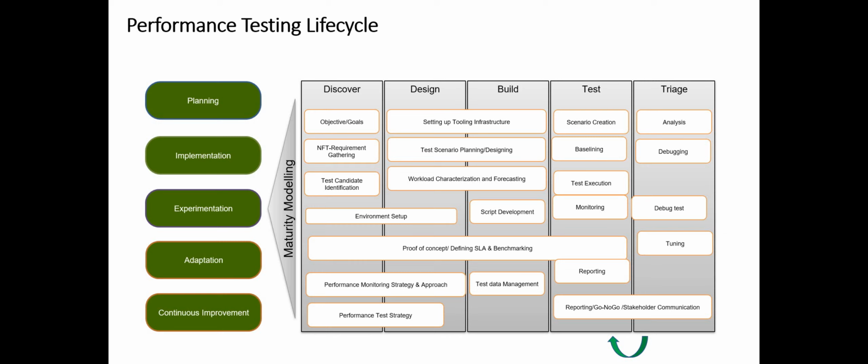Then we do the baselining. I talked about benchmarking, and that's nothing but baselining. Whenever we do the test for the first time, that's more like a baseline test. That's the metric we use for comparison of any coming test.